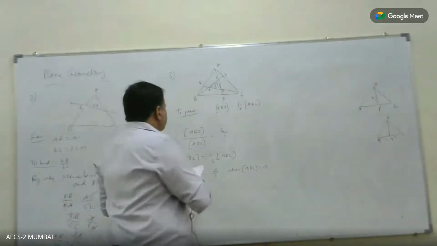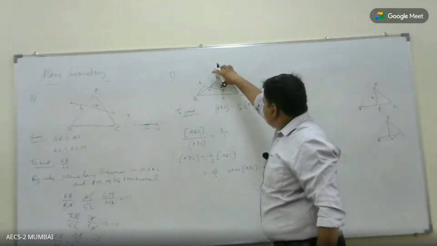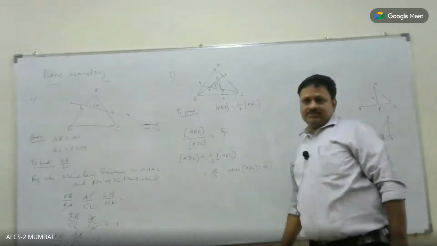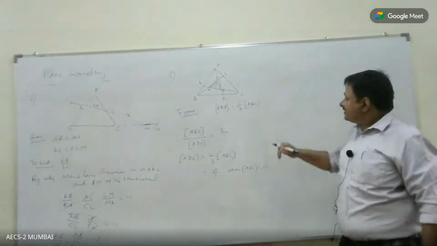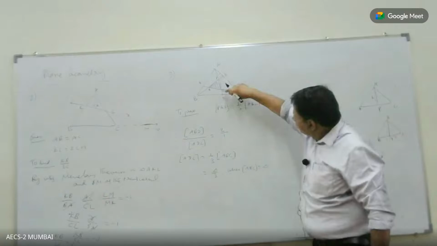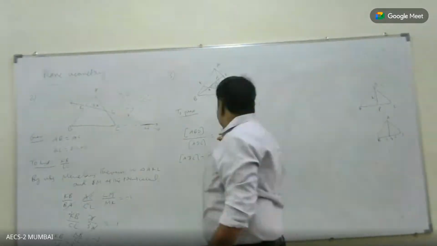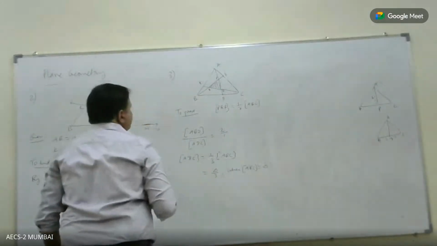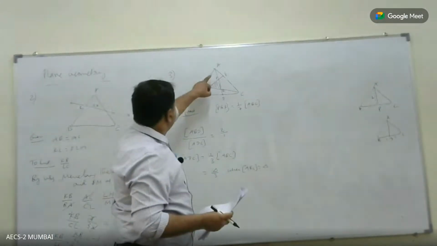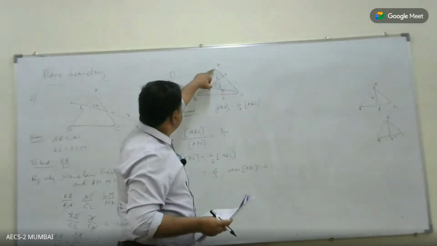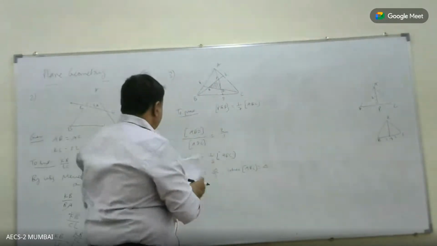Now I want the ratio AR by RD, because I want to compare this area and this triangle area. Later you will understand why. So take the triangle ABD.